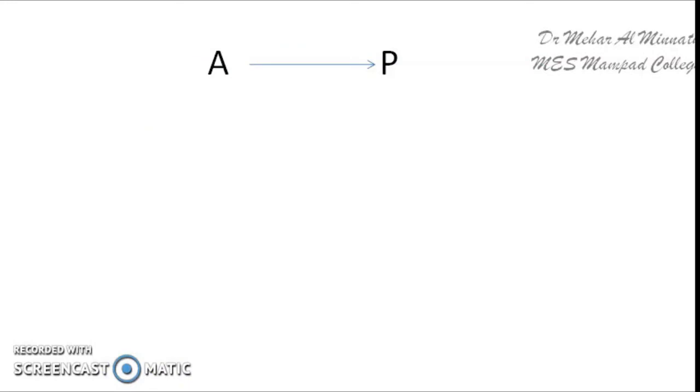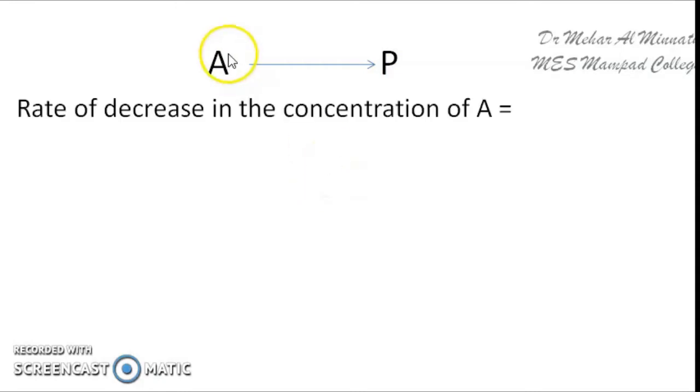Alright, now let us take a general example wherein a reactant A gets converted to product P. Okay, this is a general reaction. Now what happens? How can we express the decrease in the concentration of A? As time passes, we know that the concentration of A decreases and the concentration of P increases.